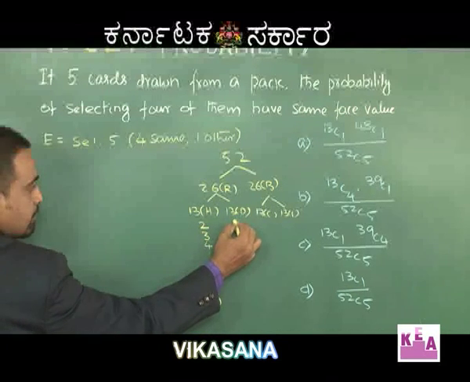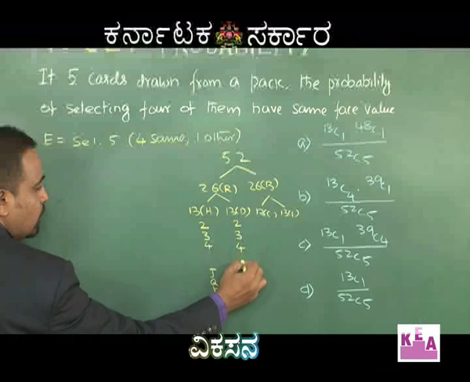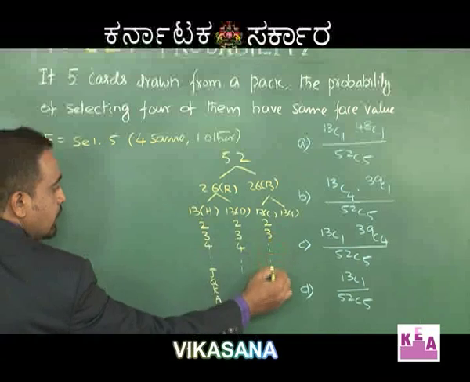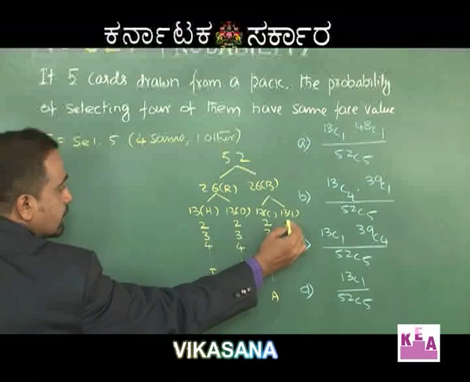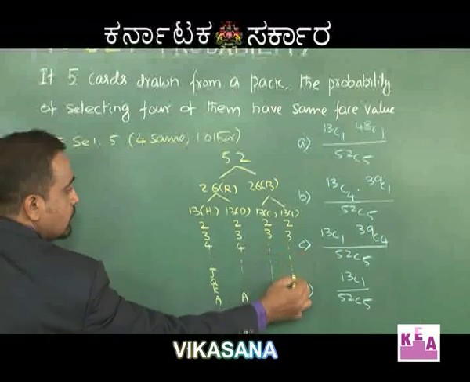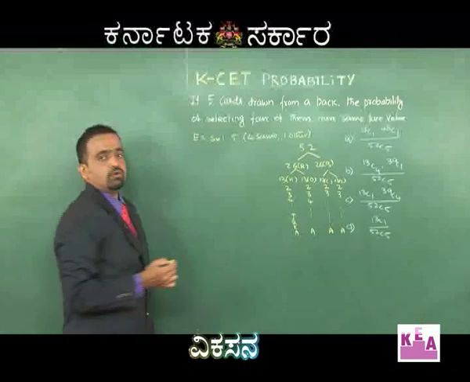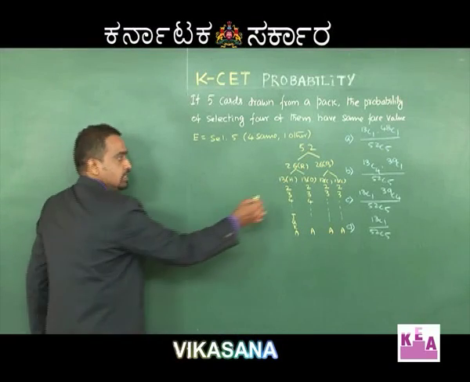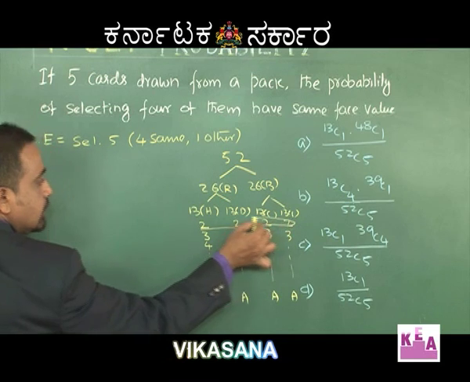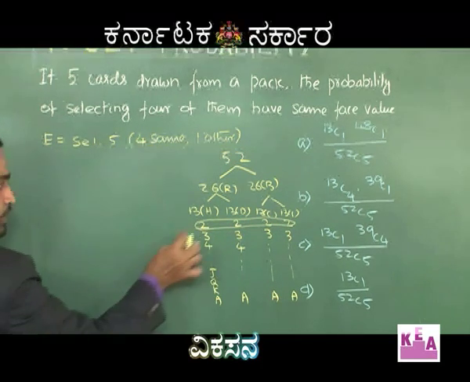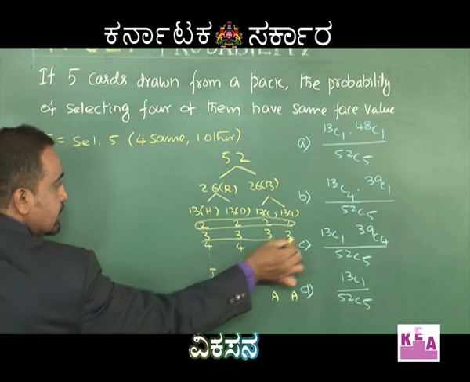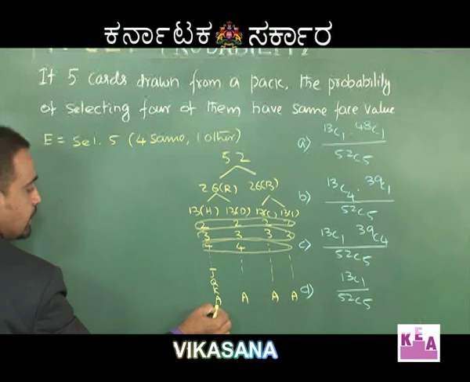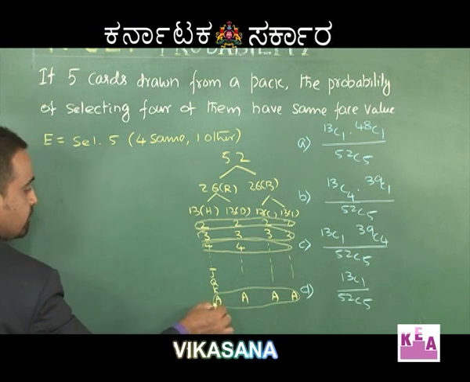Similarly 13 diamonds 2, 3, 4, and so on to A. 13 clubs 2, 3, and so on to A. 13 spades 2, 3, and so on to A. Here first I will select one set having the same face value: one set 2, 2, 2, 2. Second set all having 3. Third set all having 4. Like that, all sets of cards having the same face value, up to A.